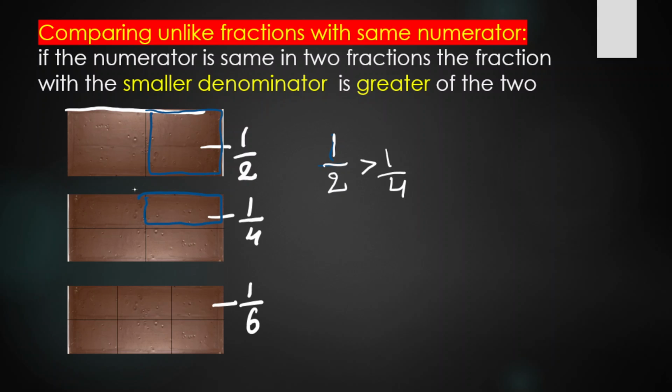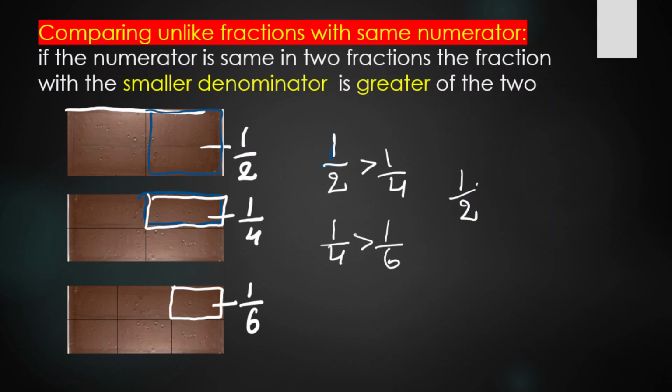And let's observe the portion corresponding to this 1 by 4 fraction is smaller than the portion corresponding to 1 by 6 fraction. So from this we can say that this 1 by 4 is greater than 1 by 6. From this we can say this 1 by 2 is greater than 1 by 4 and 1 by 4 is greater than 1 by 6.